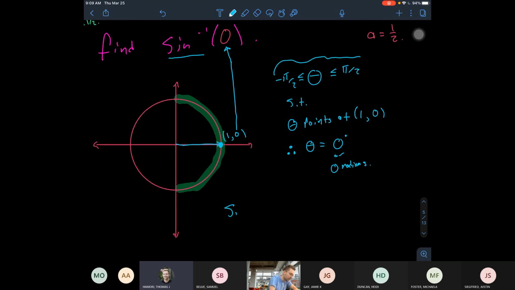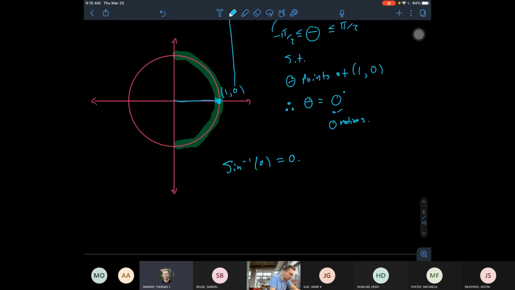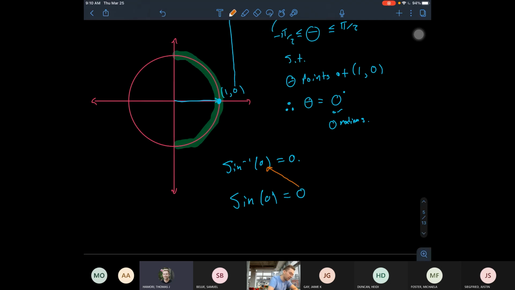So sine inverse of 0 is equal to 0. And it kind of makes sense if you think about it, because sine of 0 is 0. So if we flip-flop the arguments, we might expect this result.